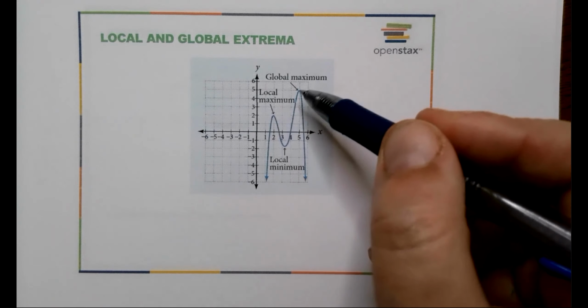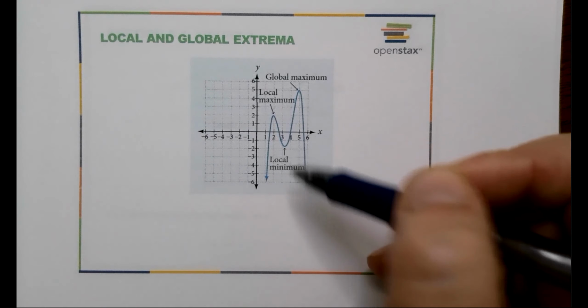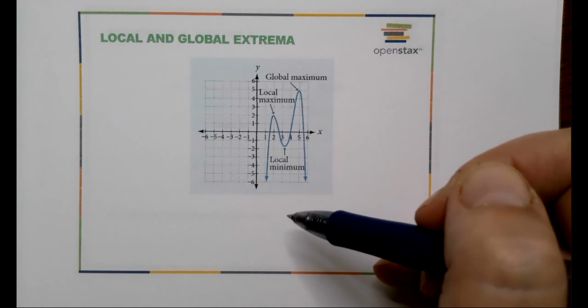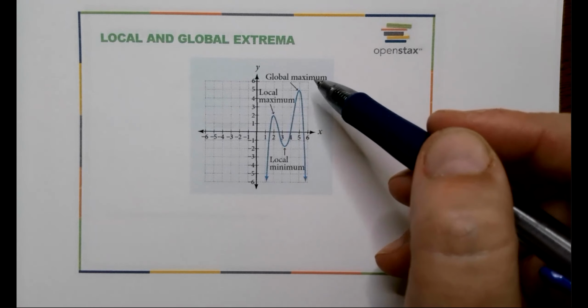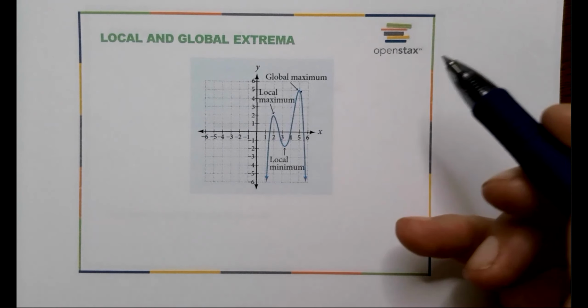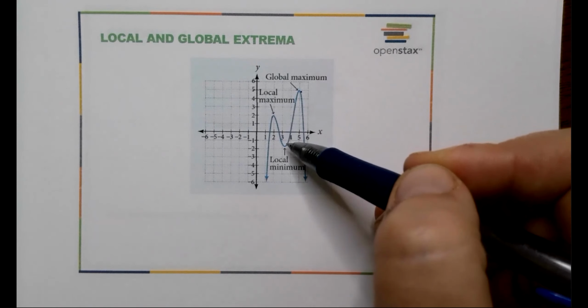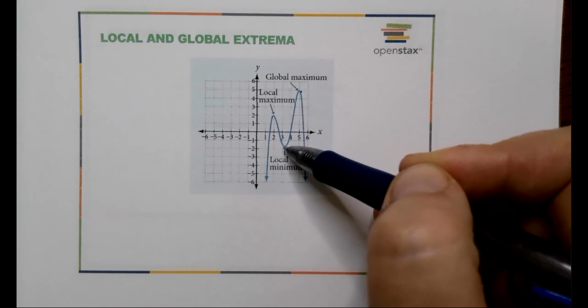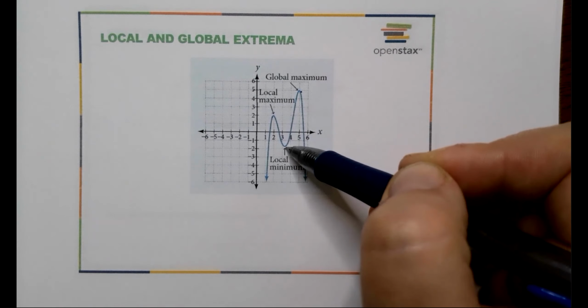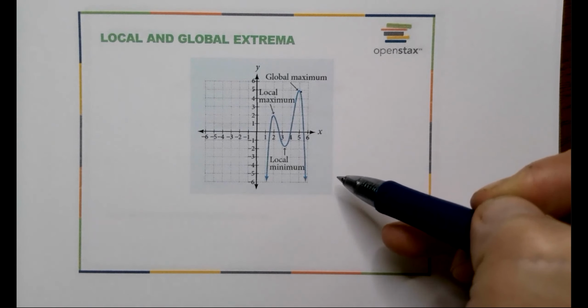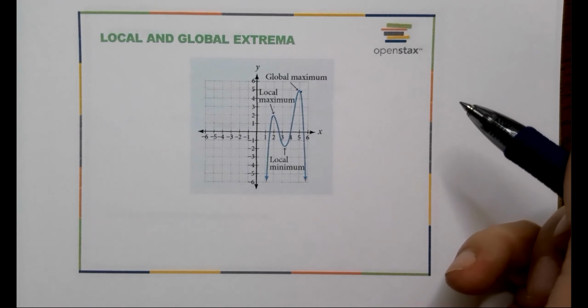So it has 3 local extrema. But what about global? Well, the global maximum is the highest point in the entire function, so it will be this maximum of 5 at x equals 5. Now, what about the global minimum? Well, there's only one minimum, but there are function values that go lower than that local minimum. So this function does not have any global minimum.